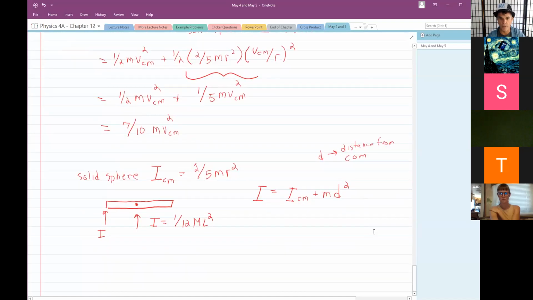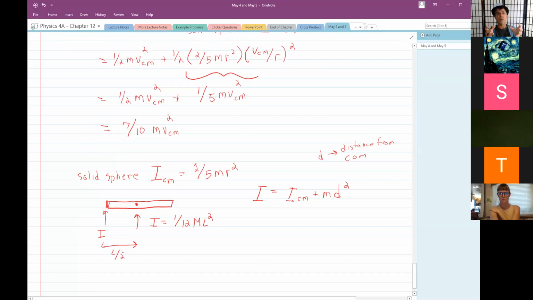So for example, if I wanted to know the moment of inertia about an axis passing through the end of a rod, well, I know that for the axis passing through the center of mass, the moment of inertia is 1/12 ml squared. An axis passing through the end is located a distance L/2 away from the center of mass.